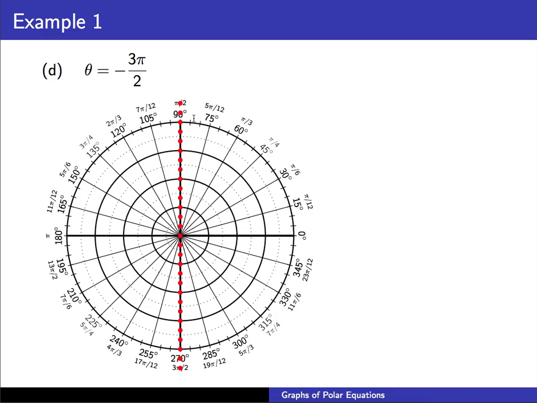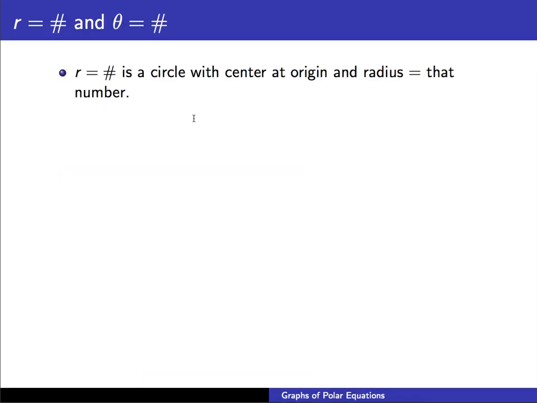With these examples from 1a through 1d, hopefully you notice the pattern that when it's r equals a number, it's a circle with the center at the origin or at the pole, and the radius is equal to that number. It actually should be the absolute value of that number, because as we saw with negative 3 square root of 2, the radius is 3 square root of 2.